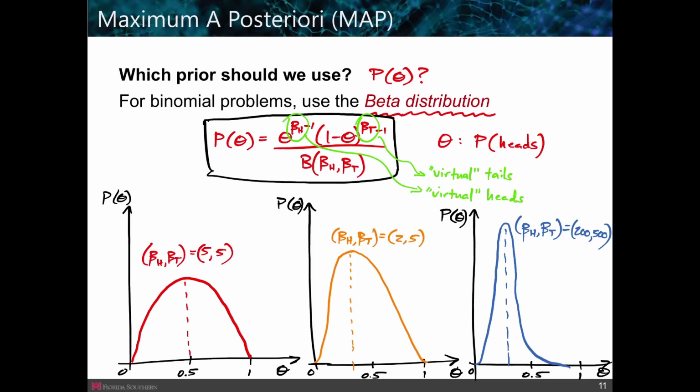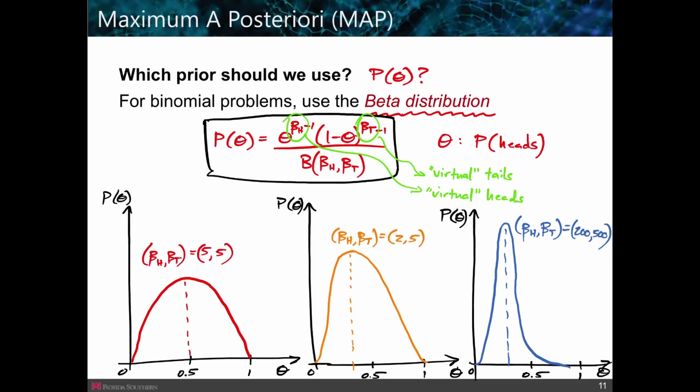So in the red curve, I'm suggesting that there's an even number of virtual heads and tails. It should make sense that the peak of this curve is at 0.5 because we've added an equal number of both options. And so the most likely value of theta, the probability of flipping heads, should be 50%, 0.5.